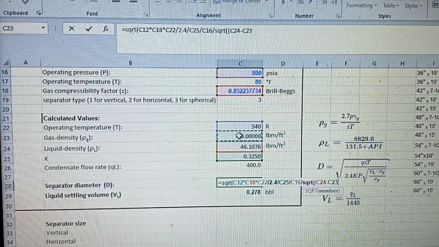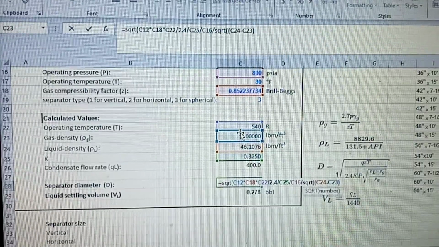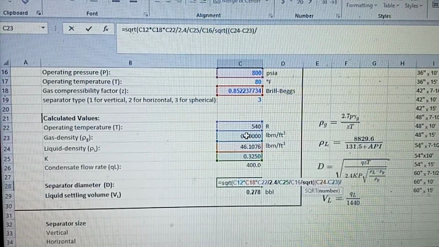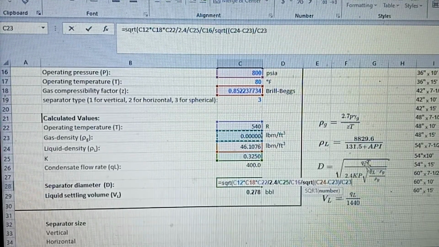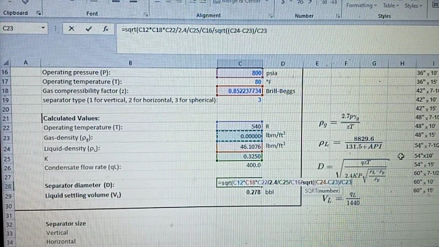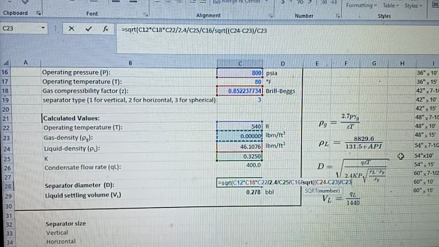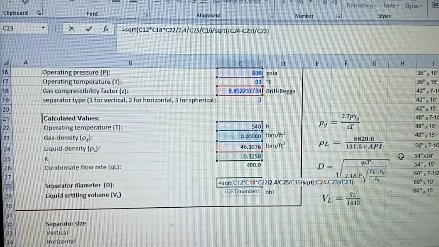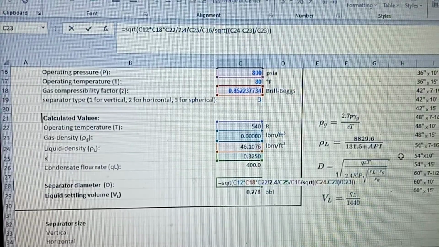I have to find out what. I click on that. I close that bracket. Slash density of gas. I click on density of gas again. Okay, I've closed the first bracket. Then I close the square root bracket for the internal one. Then I close the other square root bracket, the first one. So that should be okay.